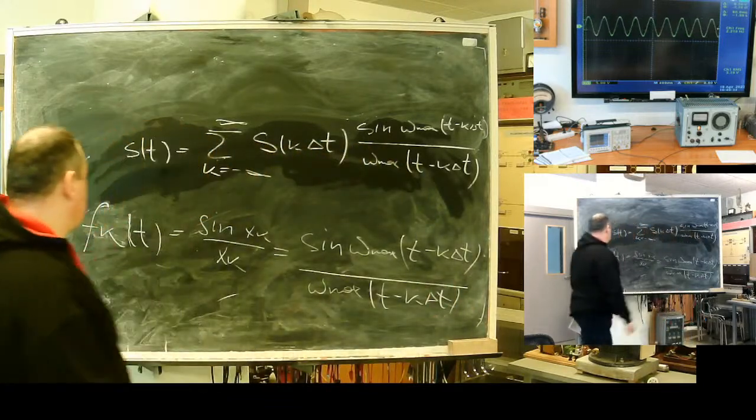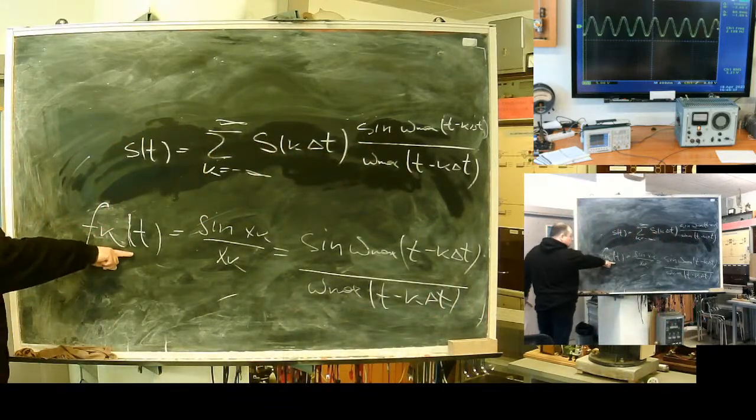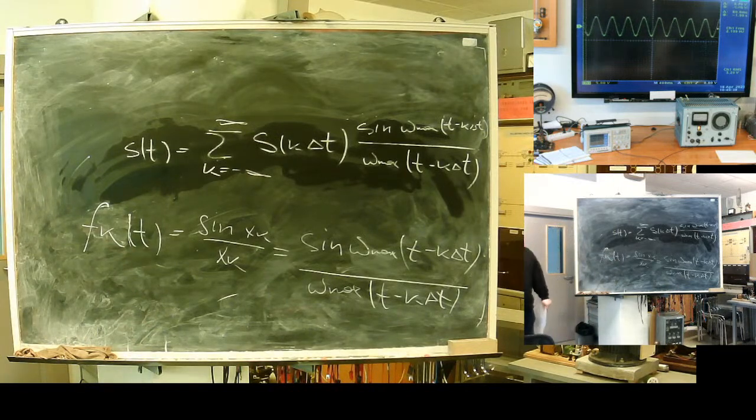Such a function system makes an orthogonal base for the Fourier transform.